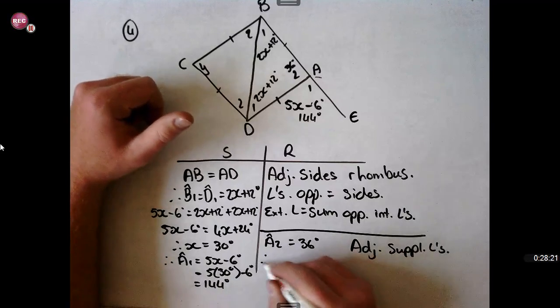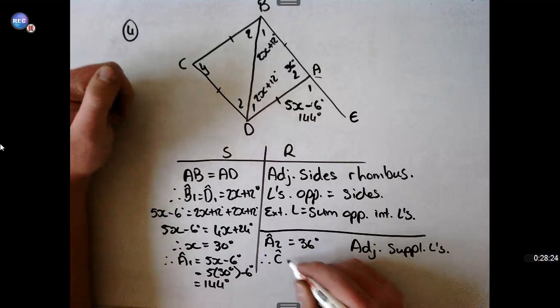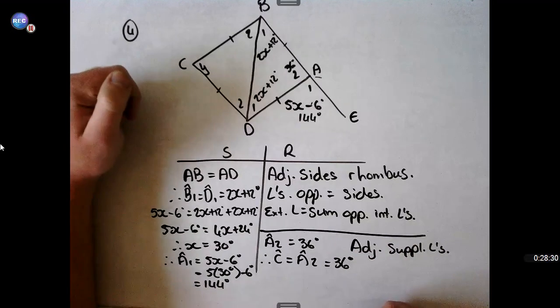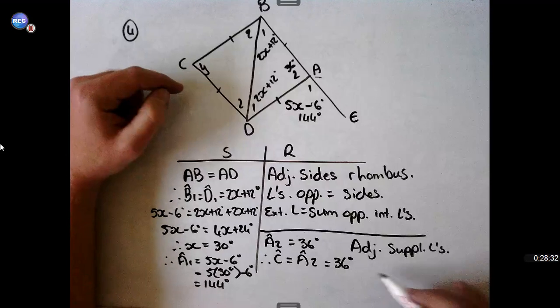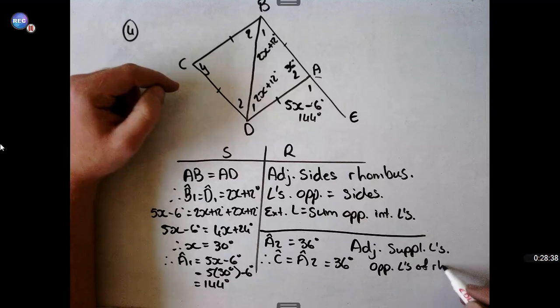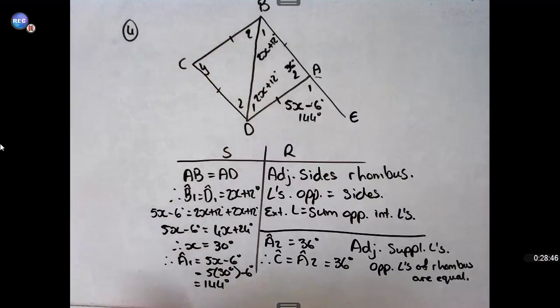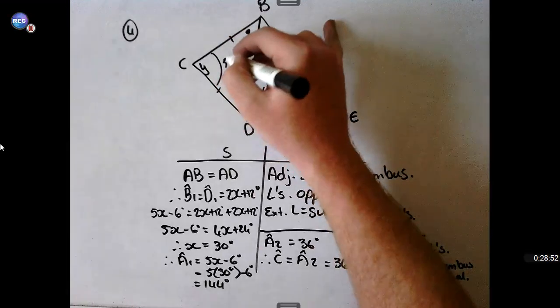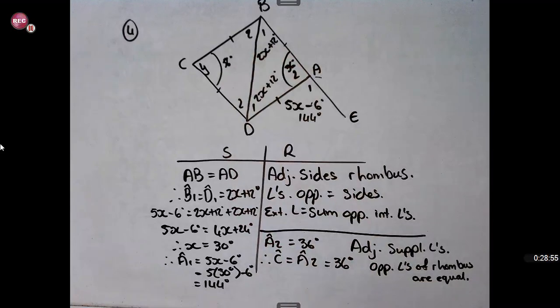So angle C is equal to angle A2, which is equal to 36 degrees, and the reason is that the opposite angles of a rhombus are equal. So if this is 36, then this should be 36 degrees. And there you've solved your whole question. You solved for x as well as for y.